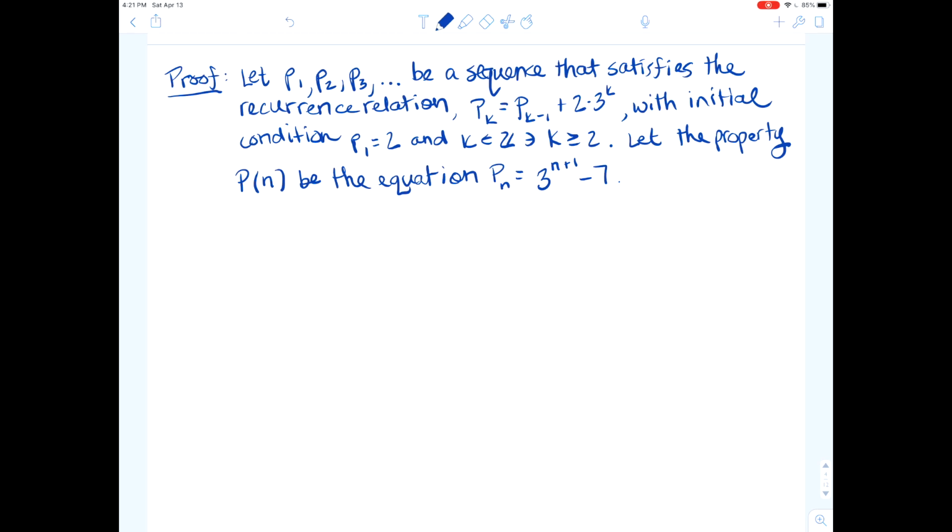Okay? All right, so now we need our basis step. Our basis step, if you remember, is we need to show that when we plug in that first value of n, we will have something which is true.